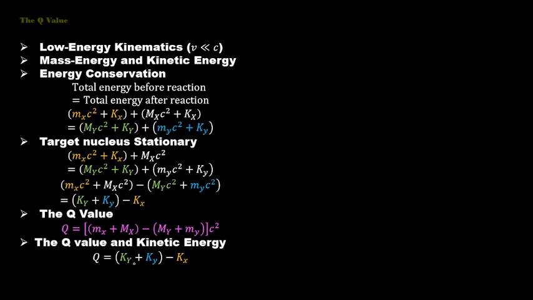We shall eliminate Ky from our analysis because it is difficult to measure, and we do this as follows. After eliminating the kinetic energy of the daughter nucleus, we get a new equation. That equation is called the Q equation. We obtain the Q equation by employing another conservation principle.